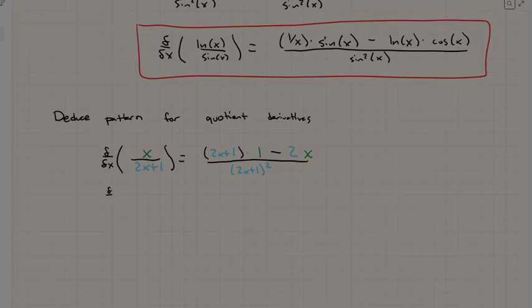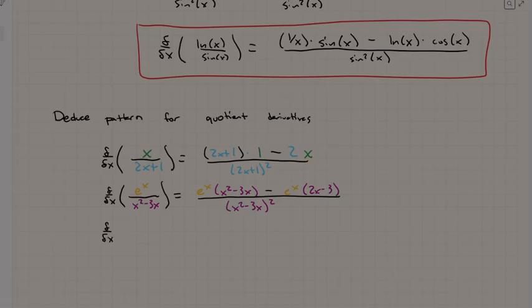And then 2 examples back, we said that the derivative of e to the x divided by x squared minus 3x is going to equal e to the x times x squared minus 3x, minus e to the x times 2x minus 3, divided by x squared minus 3x squared.